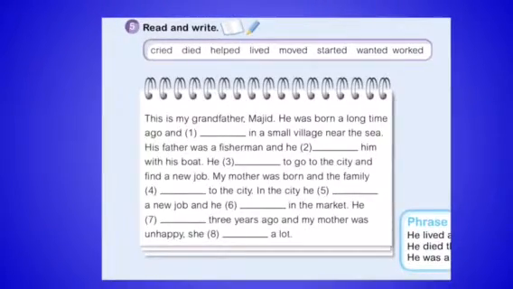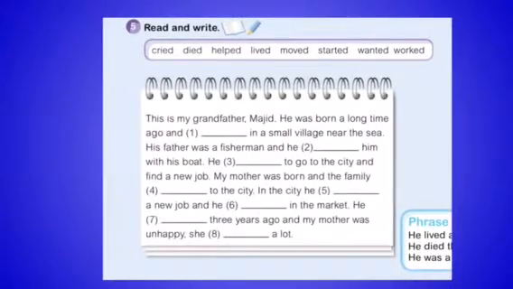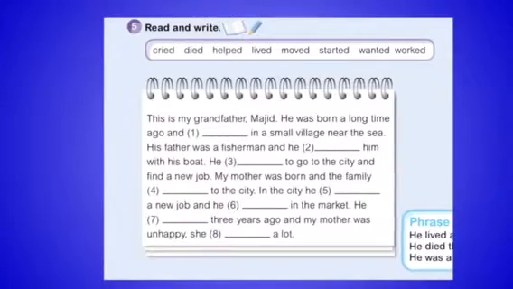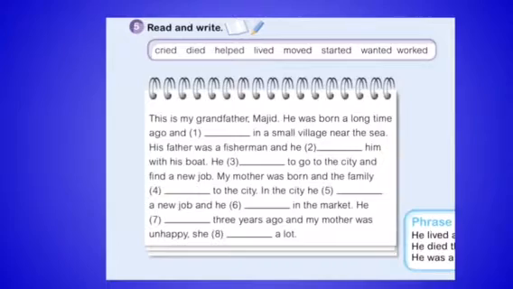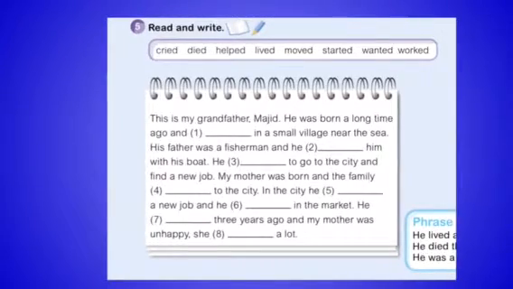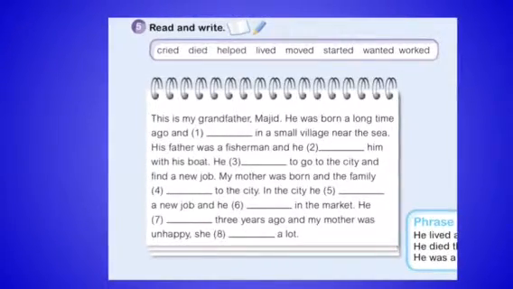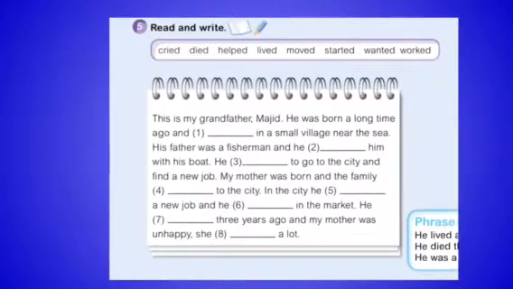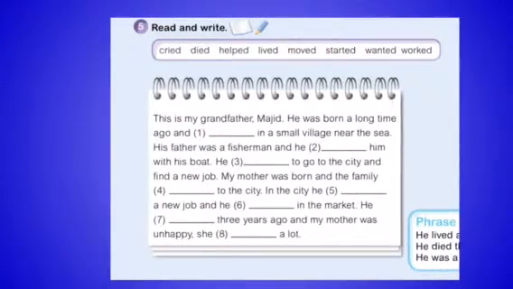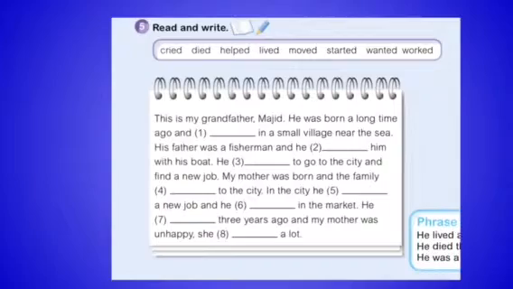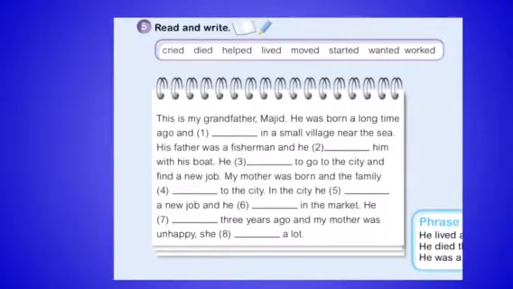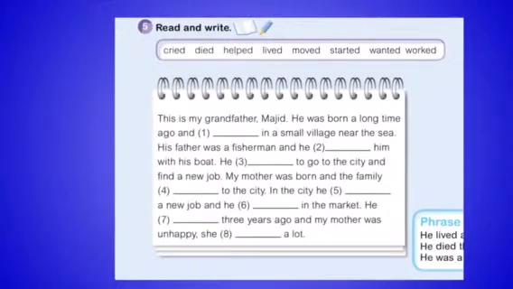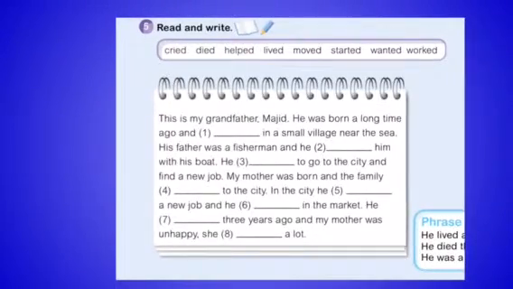He wanted to go to the city to find a new job. My mother was born and the family moved to the city. In the city, he started a new job and he worked in the market. He died 3 years ago and my mother was unhappy. She cried a lot.